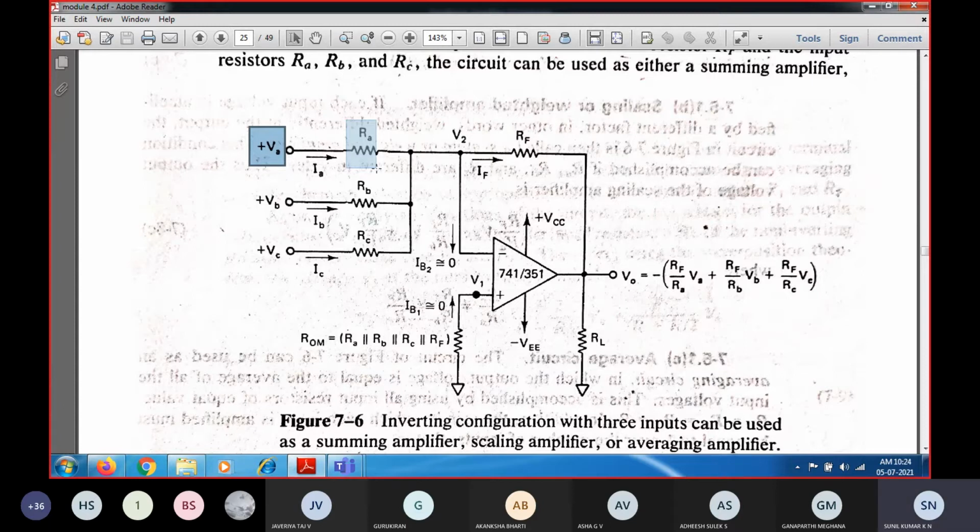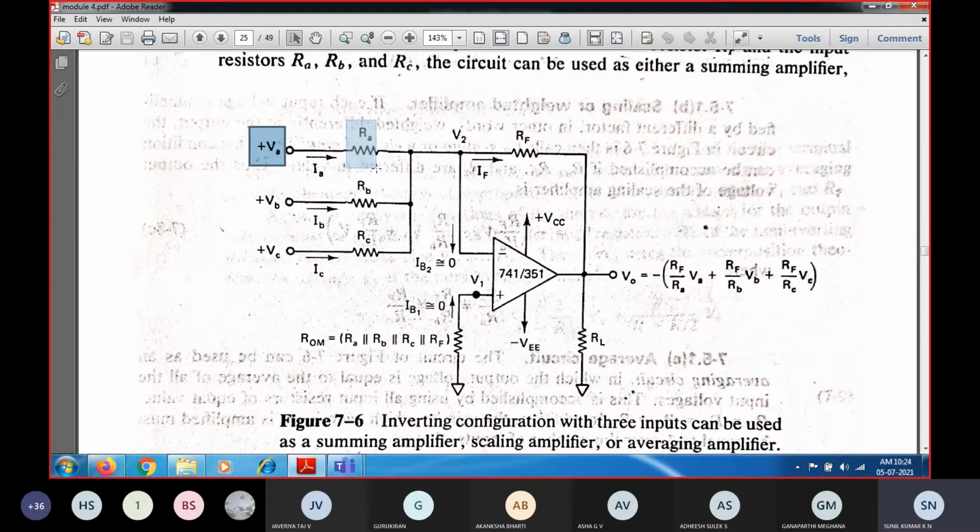Through the voltage source VA and the resistance RA, the current flowing is IA. Through VB and RB, the current flowing will be IB.